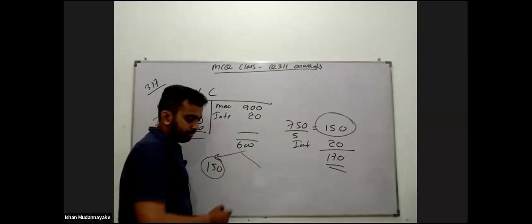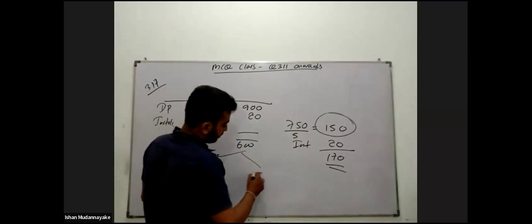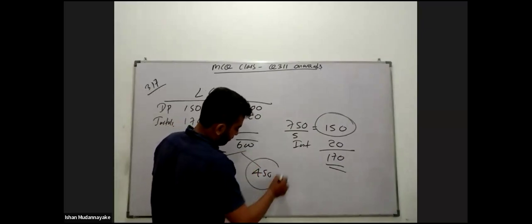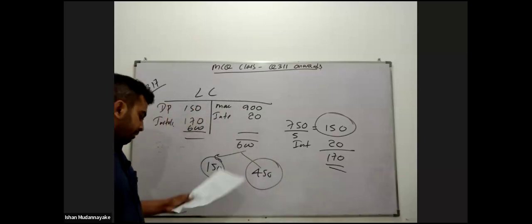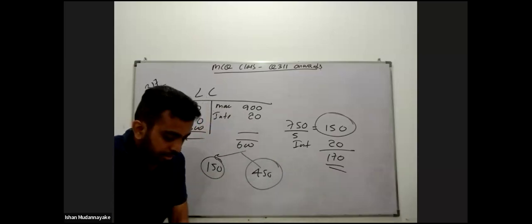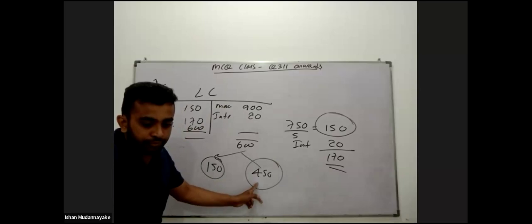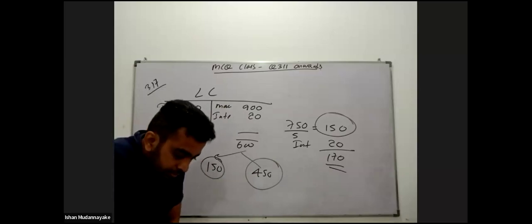Then the non-current liability is 450,000. In this question, the amount of non-current lease creditors is 450,000. Current 150, non-current 450.